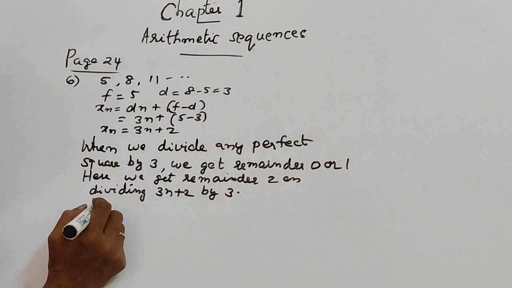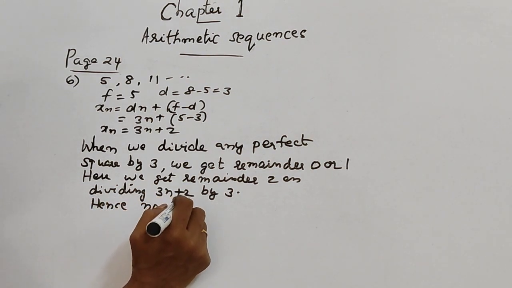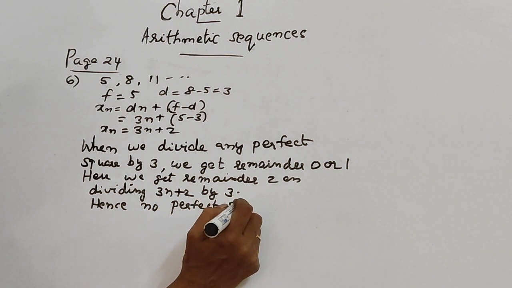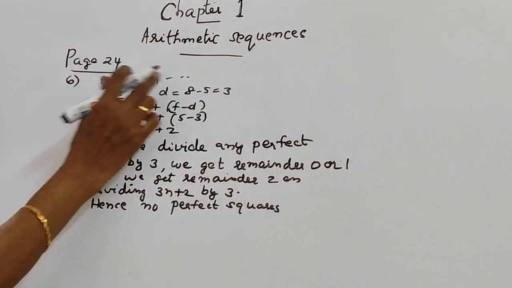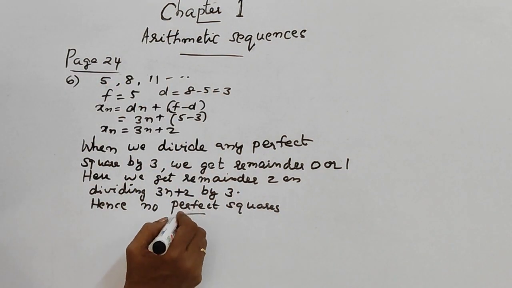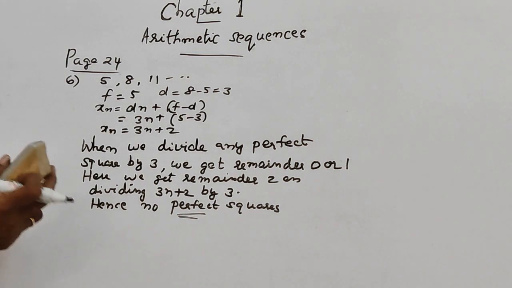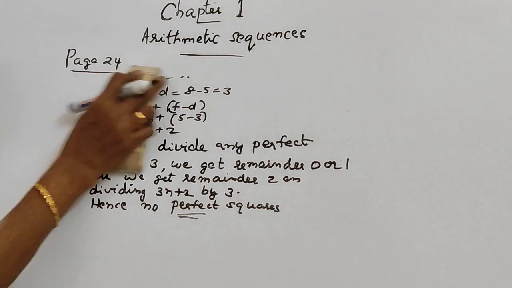Hence, no perfect squares occur in this series. No perfect squares are in this series. Now, 6th question over.